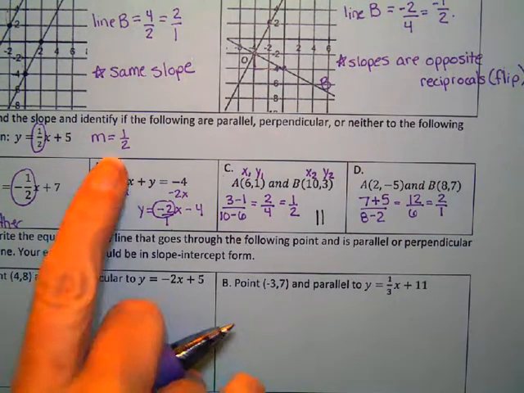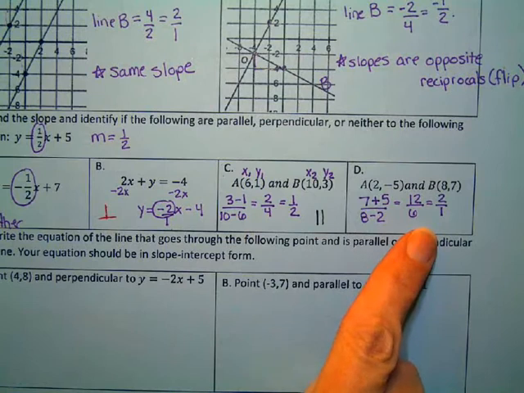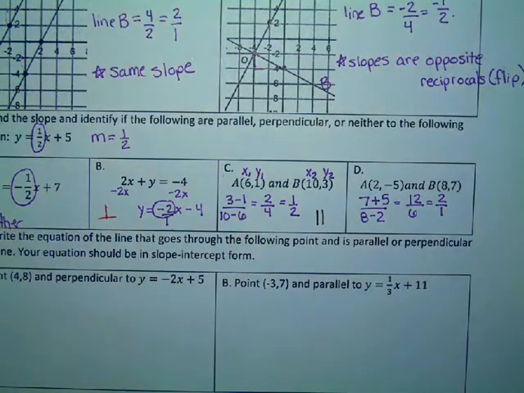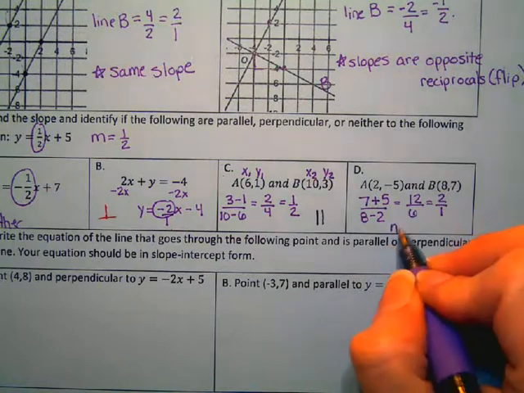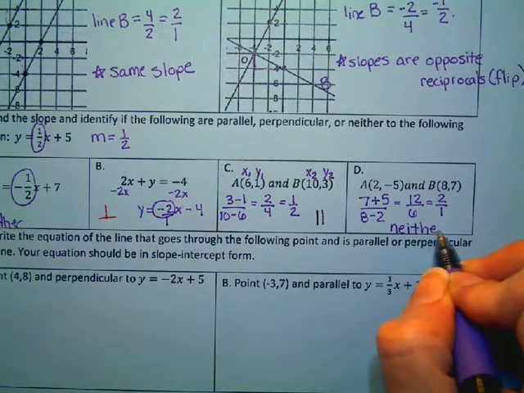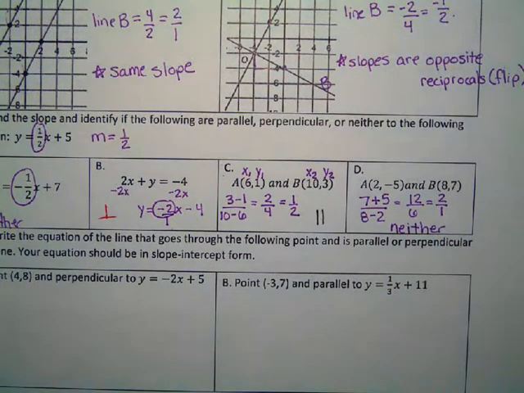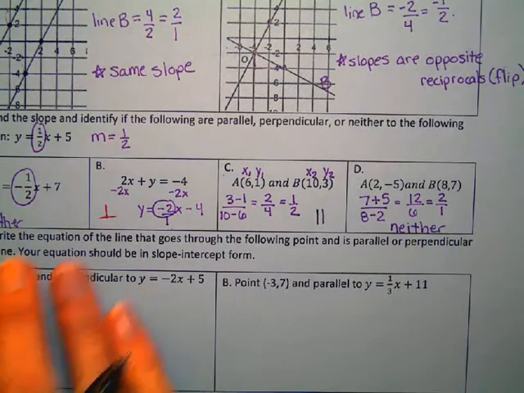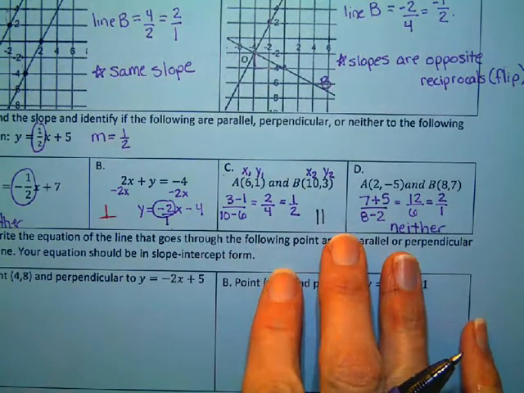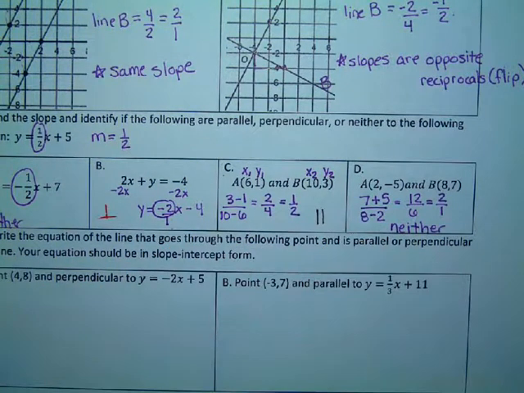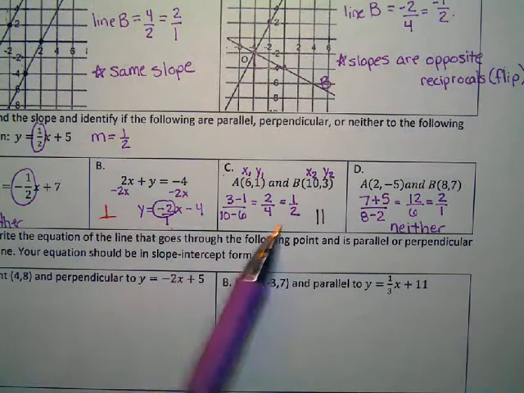They are flipped, but they're the same sign. So they're not considered opposite because they're both positive. They're not opposite of each other. So this is a neither. Okay, so comparing how to get y by itself, how to use the slope formula, and then compare your slopes to determine if they are parallel, perpendicular, or neither.